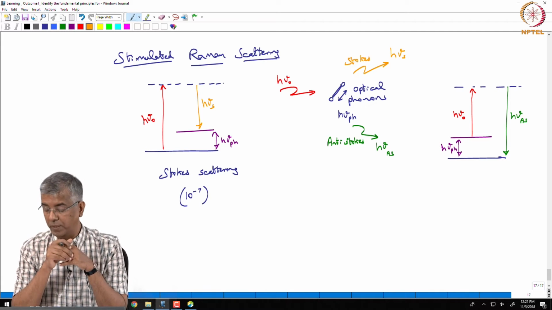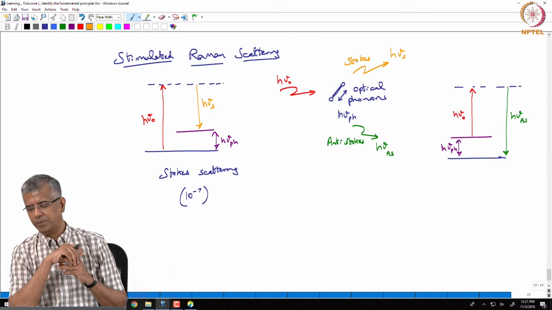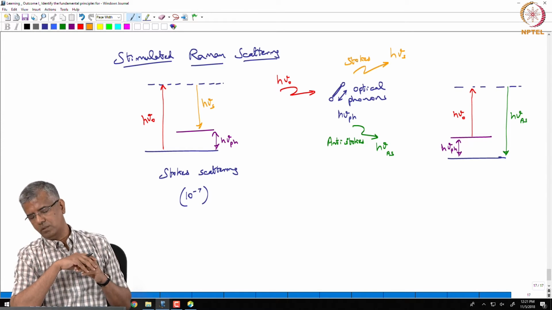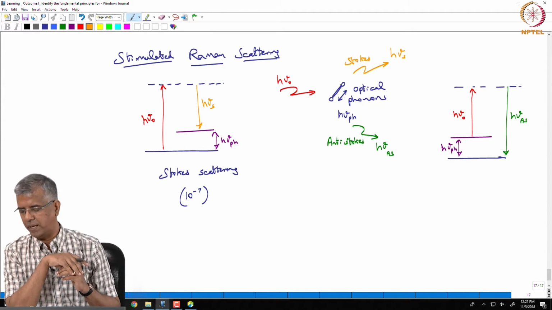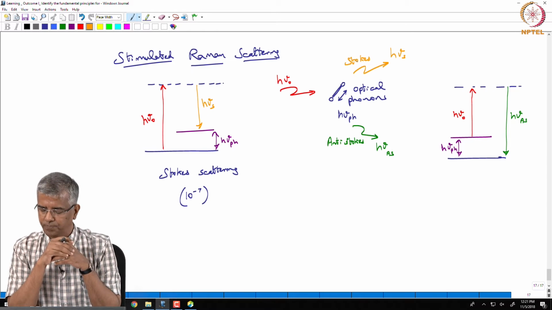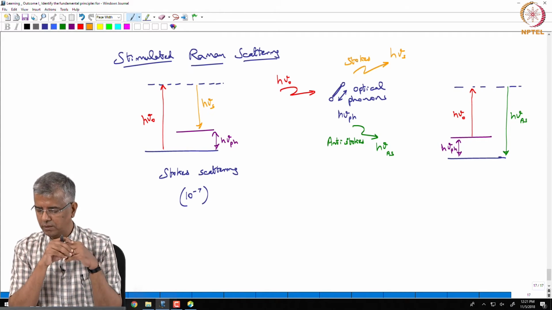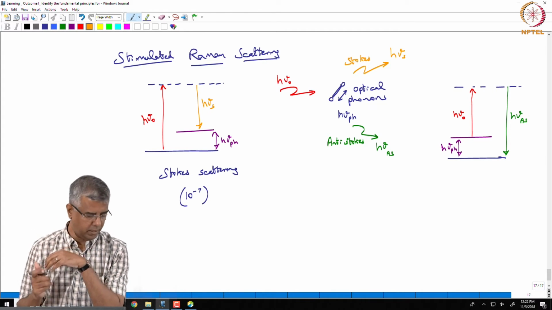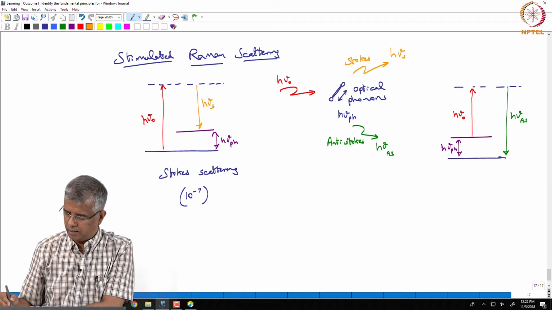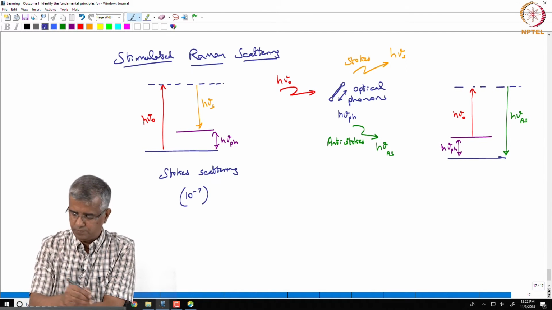Specifically, if you are counting the number of photons in the Stokes and the number of photons in the anti-Stokes for a given power incident on that material, then you can look at the ratio of the two.